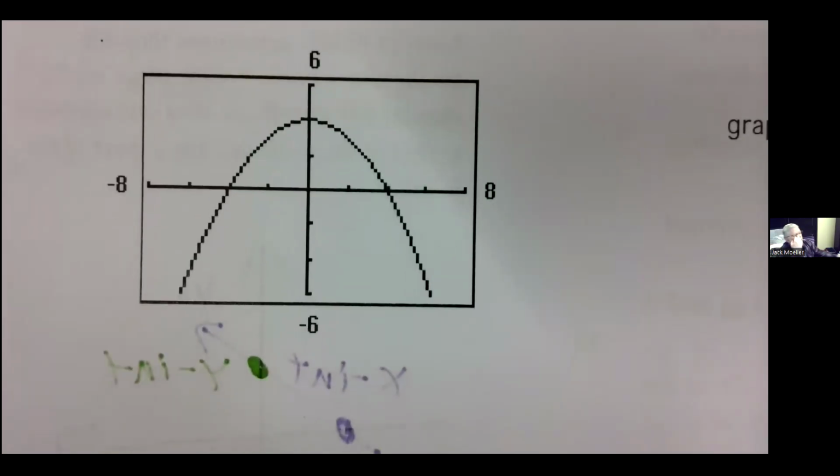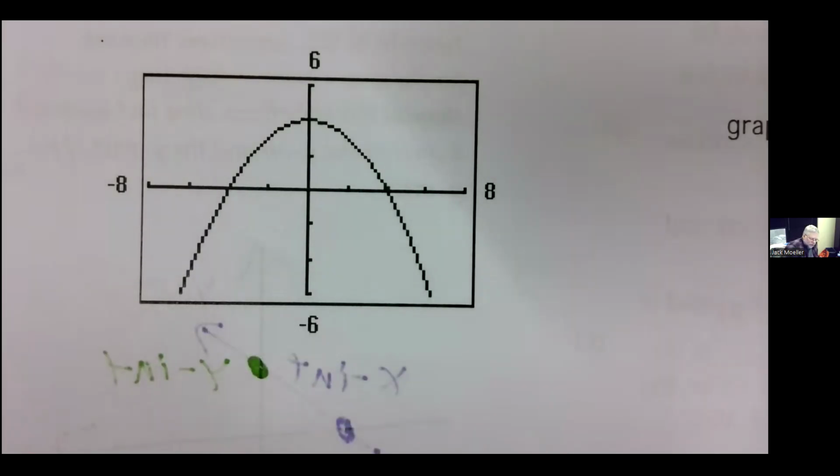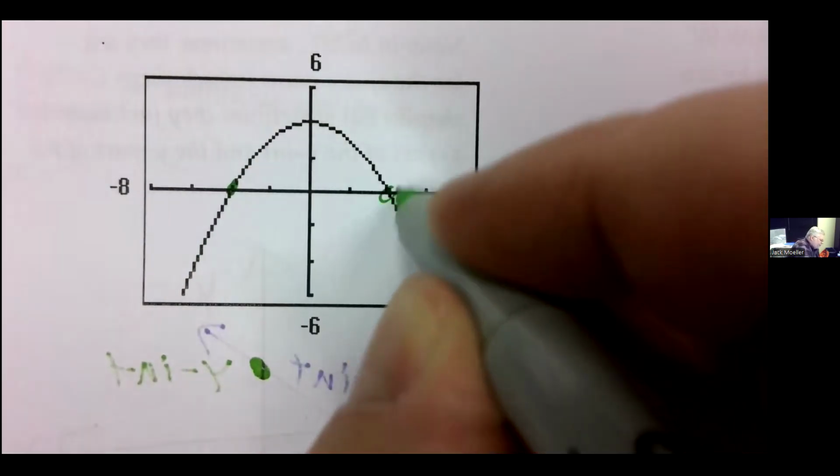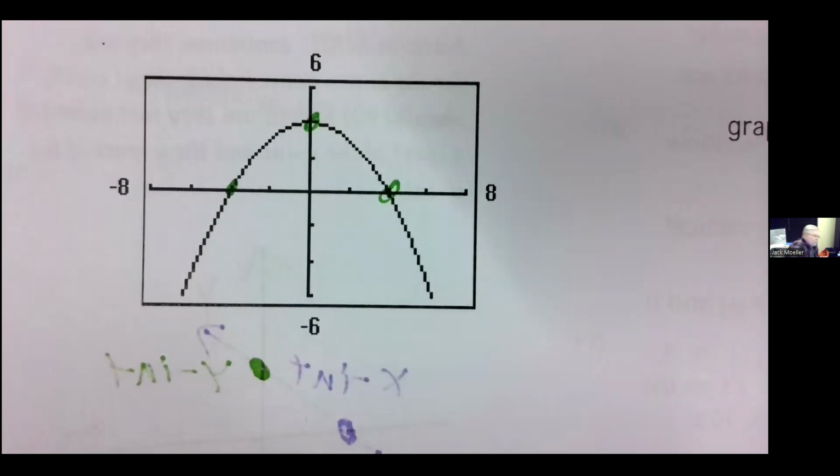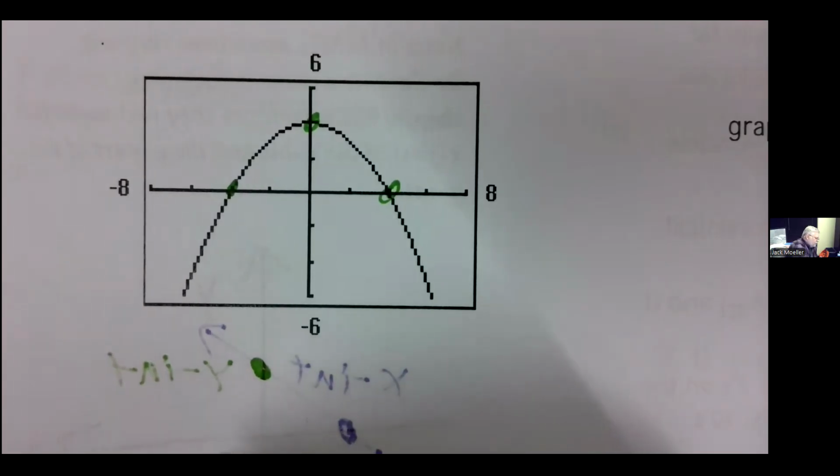Okay, here's a nice little question, because now we don't have any numbers on the graph itself. So what are the coordinates of these points? Again, let's do the x-intercepts first. I'm getting bleed through on my pens from the other side, apologize.